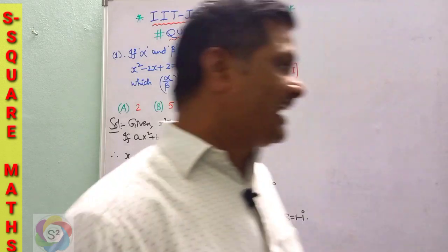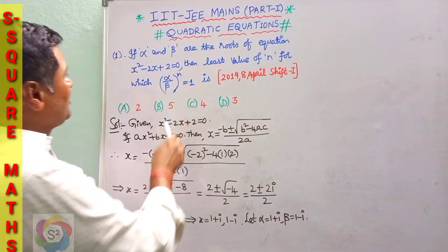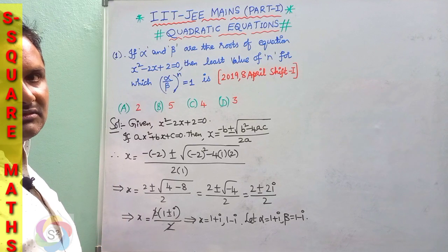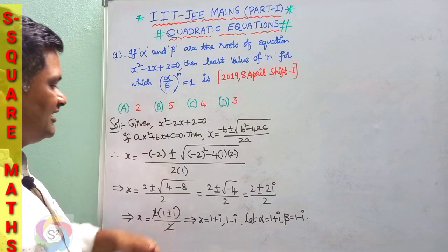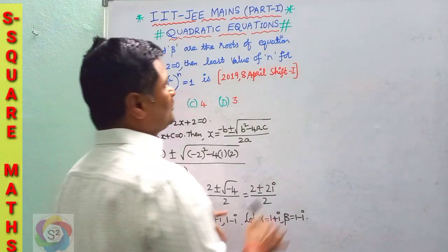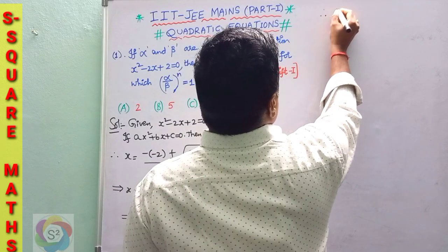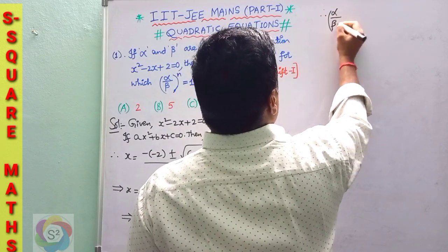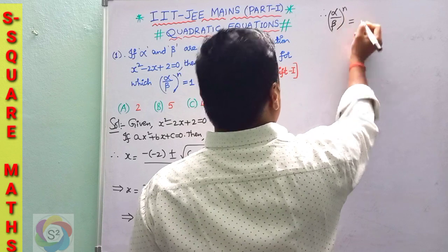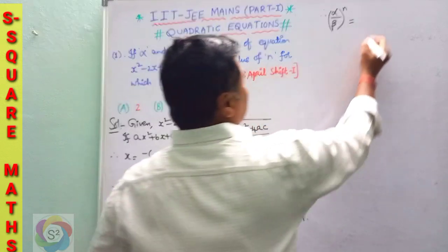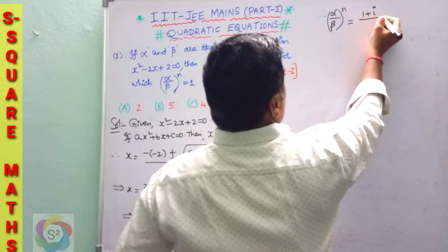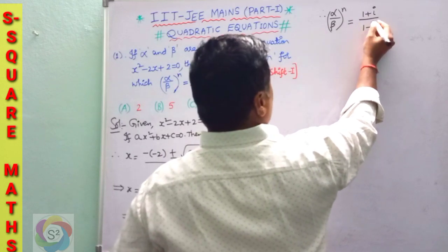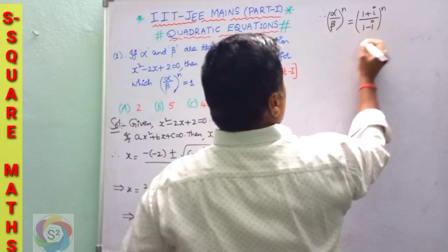Now they asked for alpha by beta whole power n. So let us consider our alpha by beta whole power n. Alpha is 1 plus i over 1 minus i, whole power n.